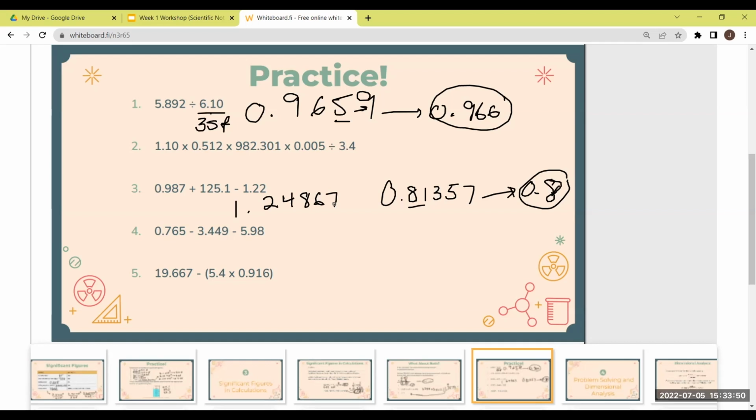And so we're going to check the number of decimal places. And you see here that the 125.1 only has one decimal place. And so our answer is only going to record that one decimal place. And since it's not going to be rounded up, our final answer is just going to be 1.2.